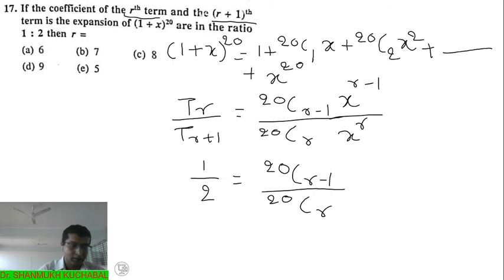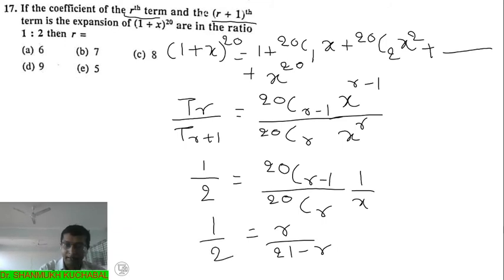Okay, if you simplify this, we'll get r divided by 21 minus r, and here it is 1 by 2.